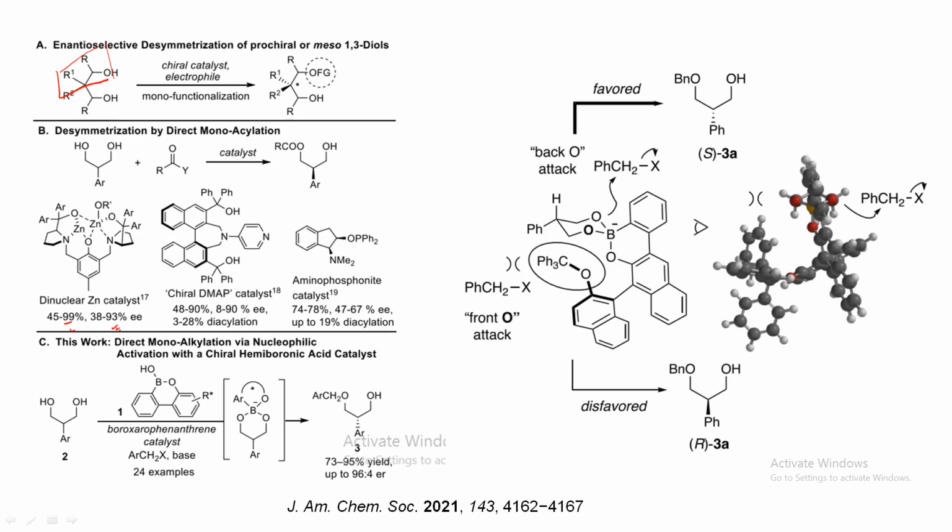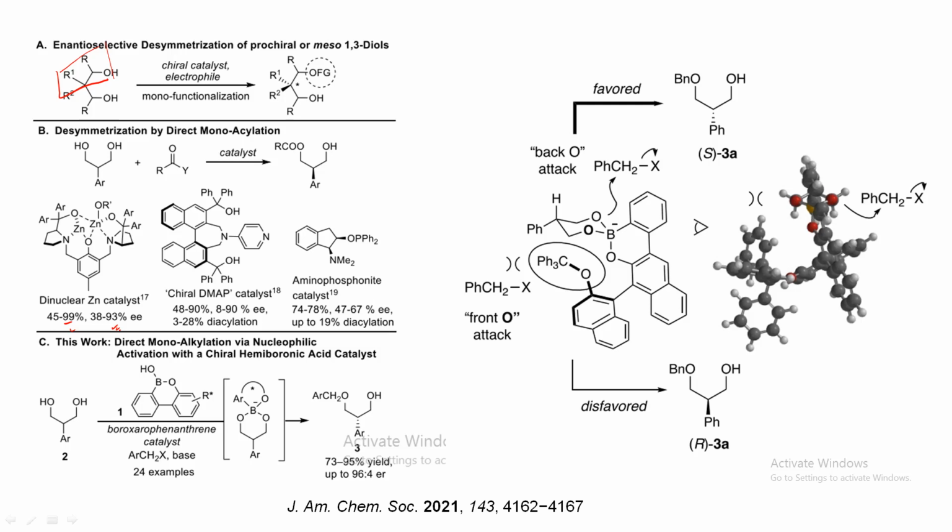For that, in this paper I have just seen and thought of incorporating it. In JACS 2021, this particular research was published. Here you can see this achiral molecule having the sigma plane, and they want to do one monofunctionalization to make this molecule asymmetric.